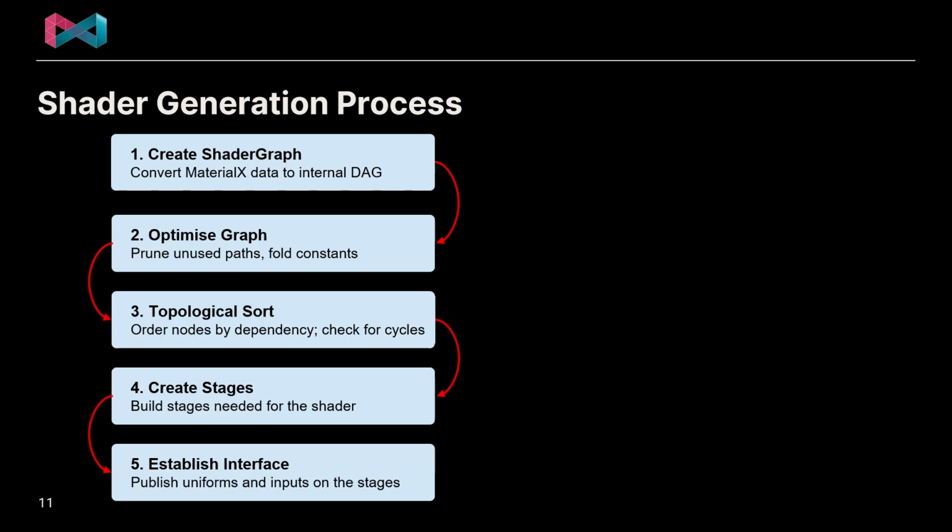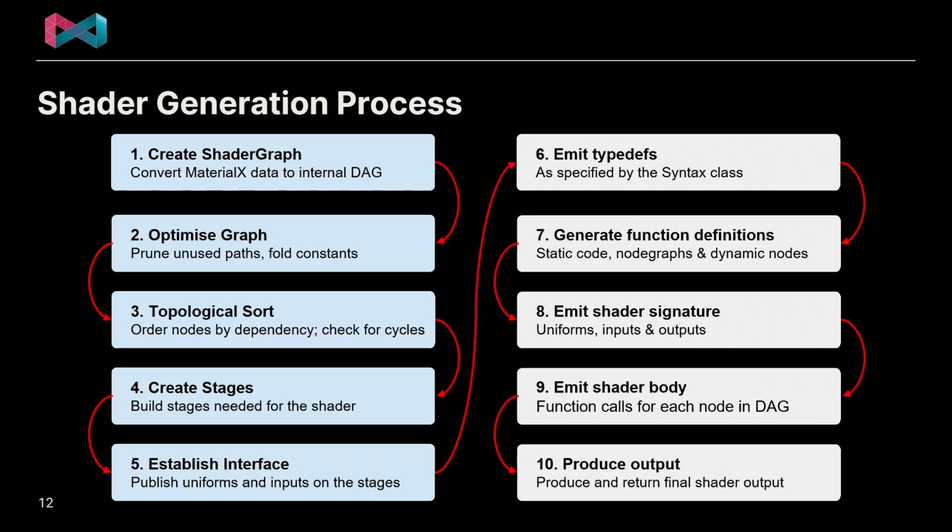We need to sort it, order nodes by dependency, and we validate the graph, checking for cycles. Then we create the stages needed by the shader, and we establish the interface, so the uniforms, inputs and outputs and all that on the stages. And then we can start the code gen phase. So first we emit any type definitions needed.